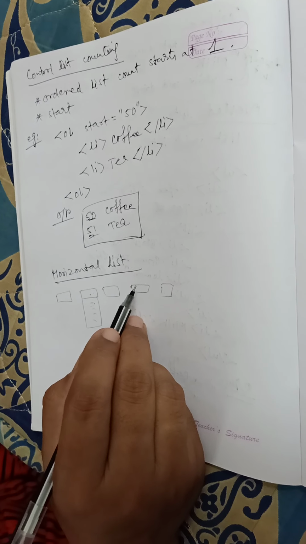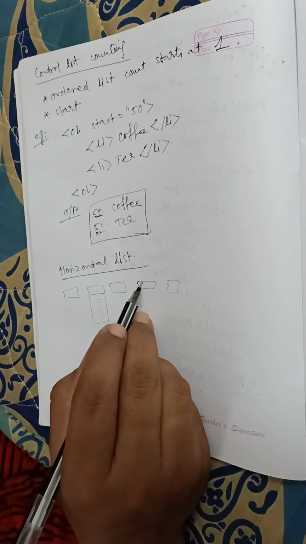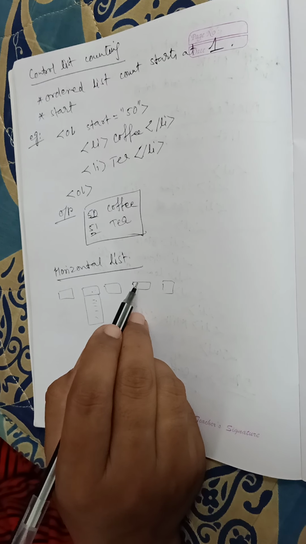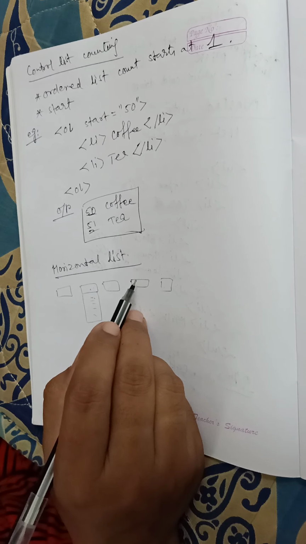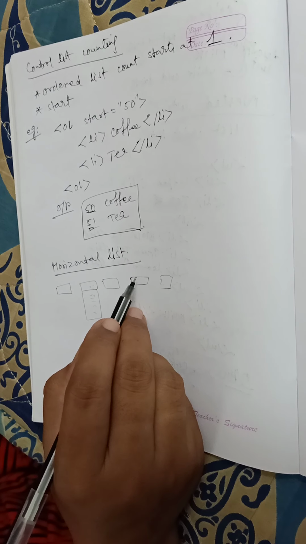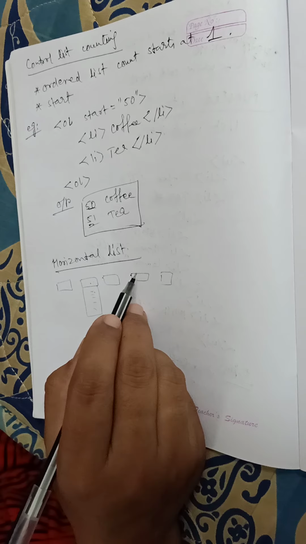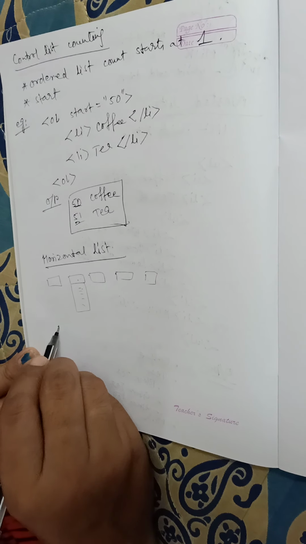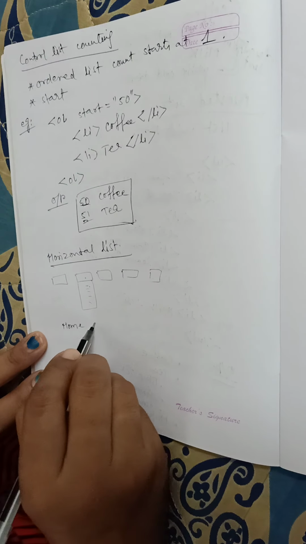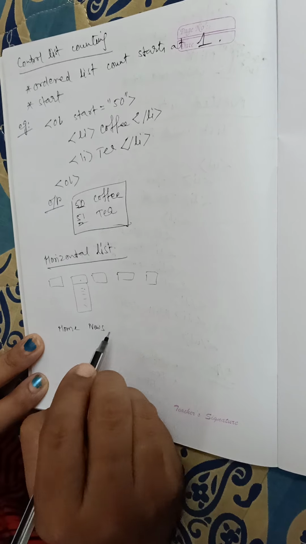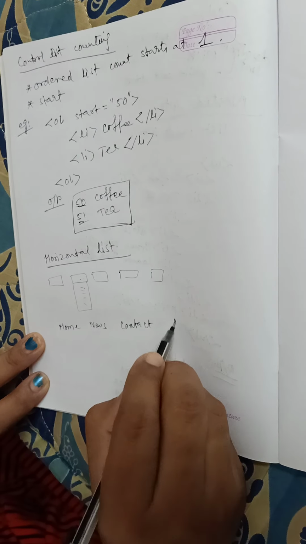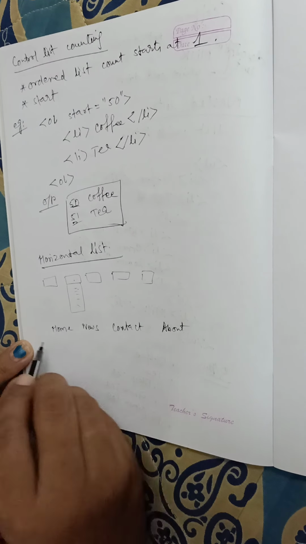We do it using our CSS. So let me give an example. Suppose a horizontal list, I want some output like this: home, then news, contact and about.